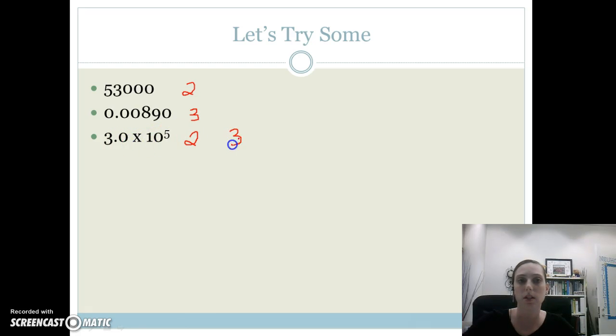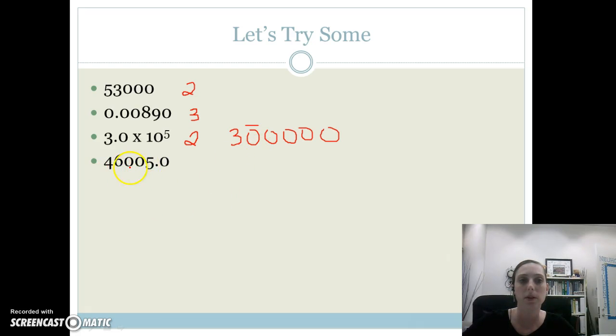So we'd have 3, and 1, 2, 3, 4, 5 zeros. And so whenever I look at this, if I just look at this number, it looks like 1 sig fig. But this scientific notation is telling me that this 0 was significant. It counts. So occasionally you'll see a line over 0, and that means that it is part of a significant figure count. We measured all the way to this position.